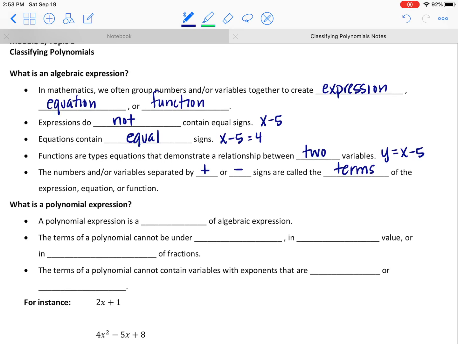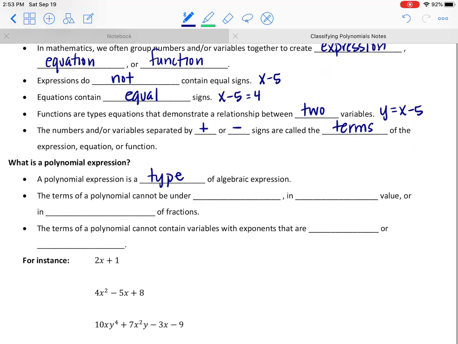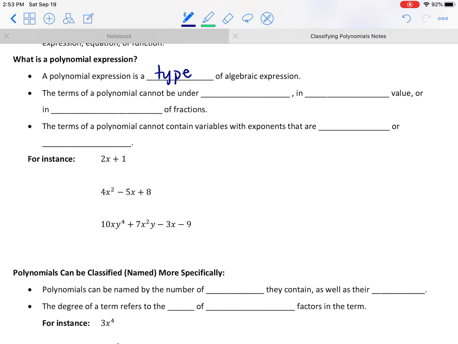Okay? Now what we're going to be focusing on in this module and the next are polynomial expressions. And a polynomial expression is just a specific type of algebraic expression. So it's an expression. Now what's going to make it a polynomial expression versus some other type of expression? If it's a polynomial expression, then the terms cannot be under radicals.